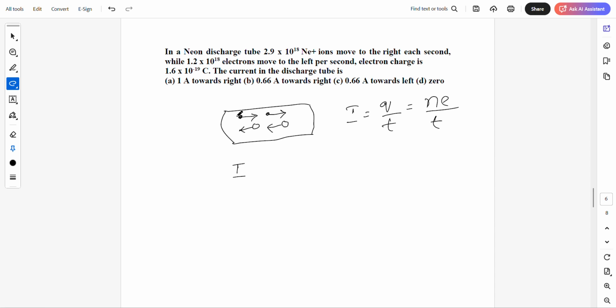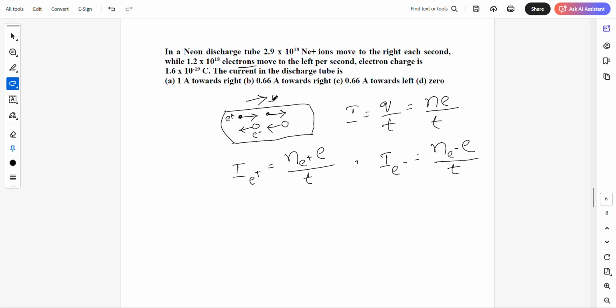Now for positive ions, I plus is equal to N plus e by t, and for electrons, I minus is equal to N minus e by t.